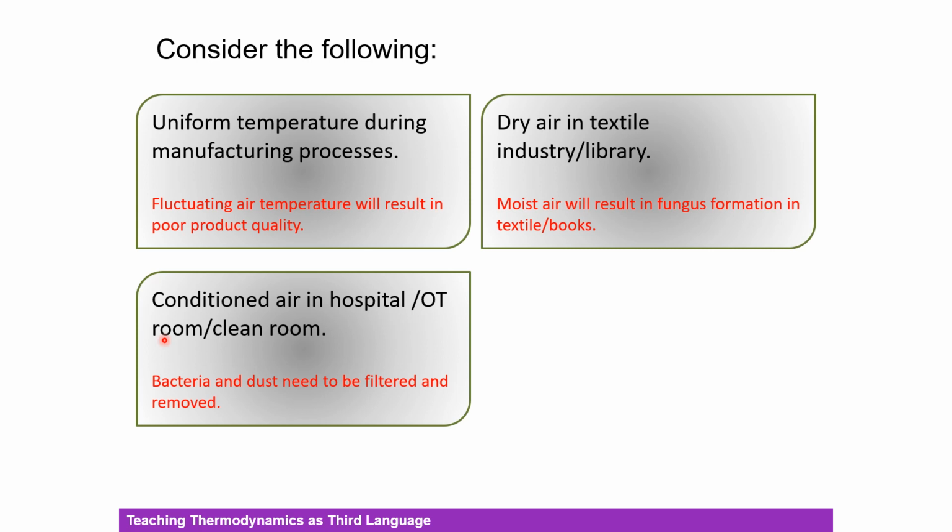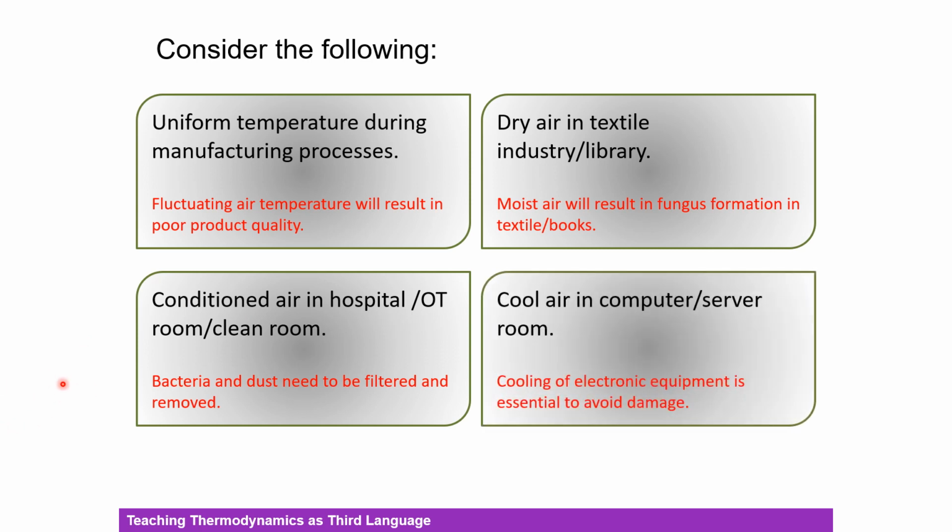Even a single speck of dust which falls onto a wafer can destroy the entire wafer. So in our hospital, we need to make sure that the bacteria and dust are filtered and removed from the air. Because if you have a lot of bacteria floating around in the hospital, this can cause infection and patients might die because of septic shock caused by the bacteria.